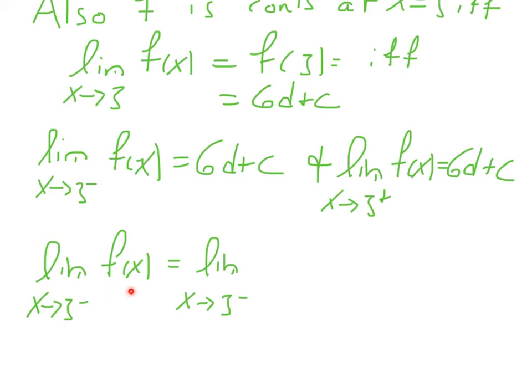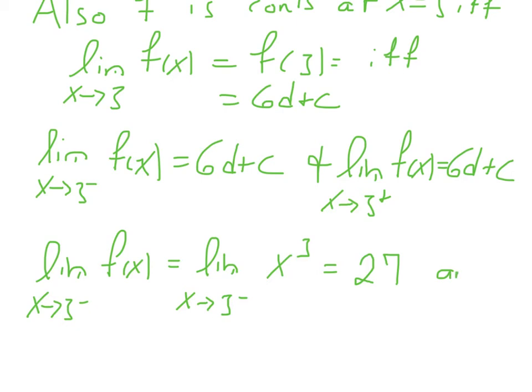So let's see what f of x looks like for x less than 3. And if you go up to the top, you'll see that when x is less than 3 and greater than or equal to 1, f of x looks like x cubed. So this is going to be just the limit as x tends to 3 from the left of x cubed, and that limit is going to be 3 cubed, which is just 27.